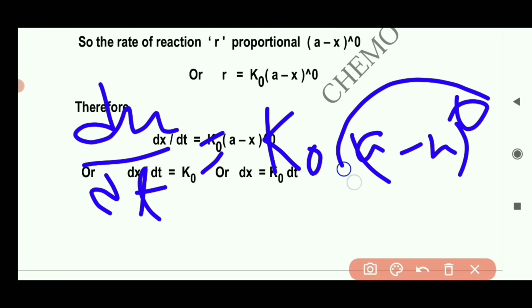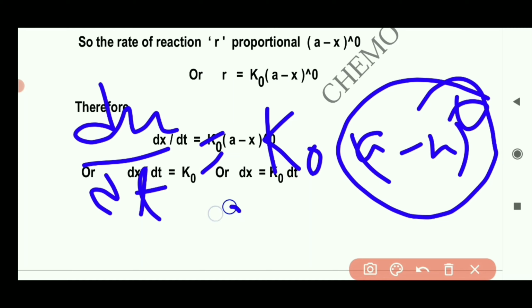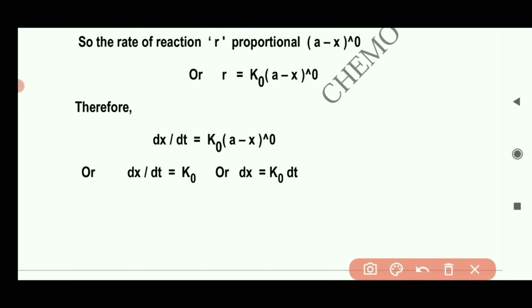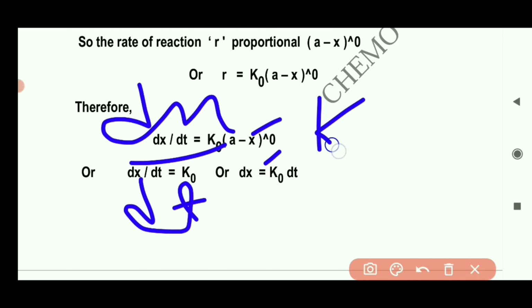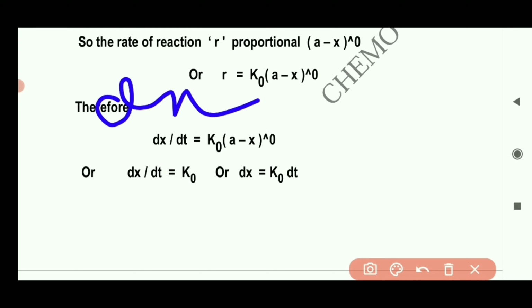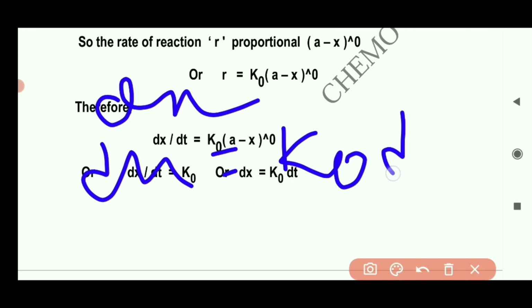Its value will be 1, since any value to the power 0 is equal to 1. So dx by dt is equal to k0 into 1, or dx is equal to k0 into dt.